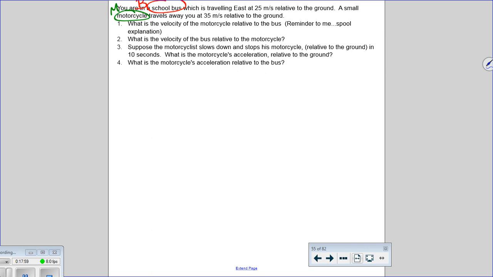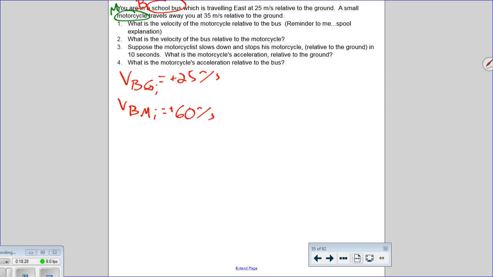All right, so I'm going to summarize real quick. Here's the stuff that we know. The velocity of the bus relative to the ground initially was positive 25 meters a second, and the velocity of the bus relative to the motorcycle initially was, what did we just get, 60?